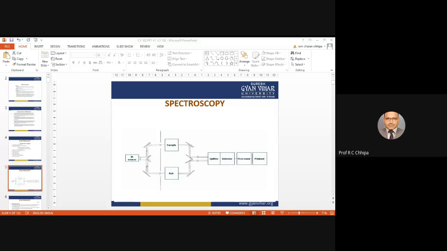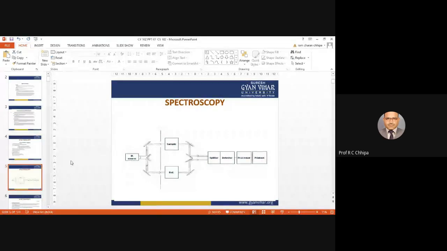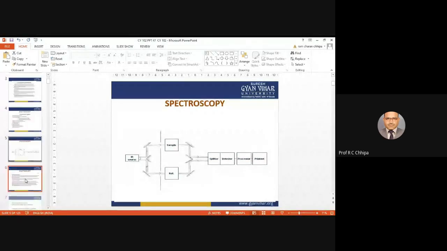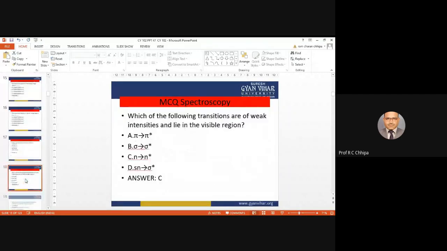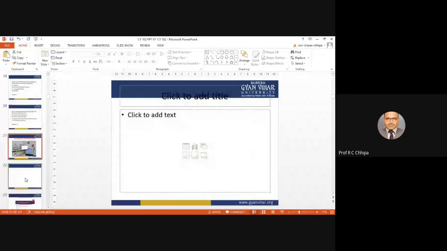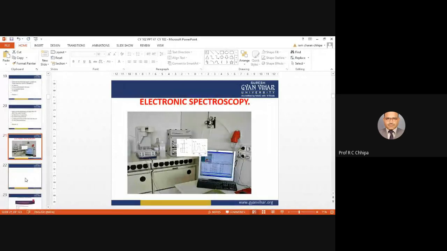And all this information, with the help of computation systems, can also be stored. This is electronic spectroscopy, the other name, and it is basically the ultraviolet and visible spectrum.